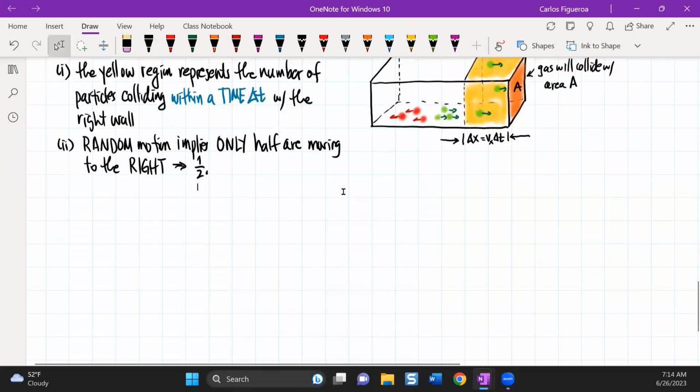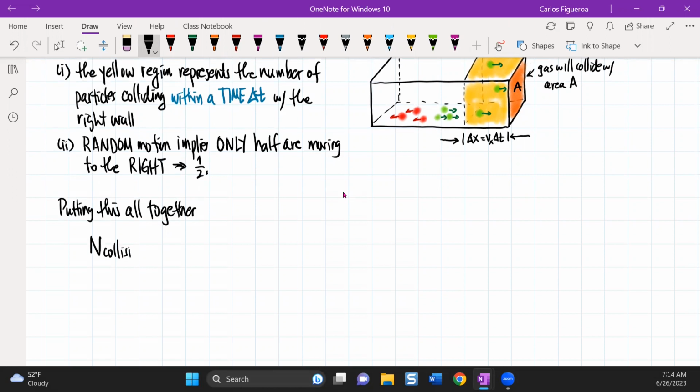Okay, so now let's put this all together. We now know that the number of collisions must be this.